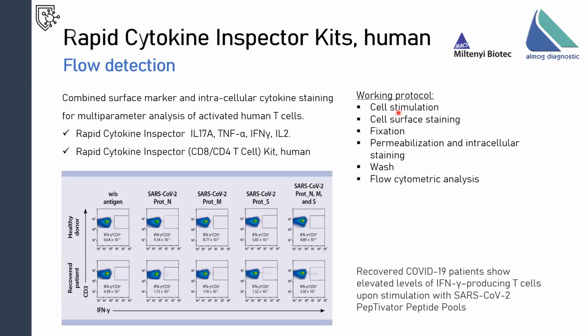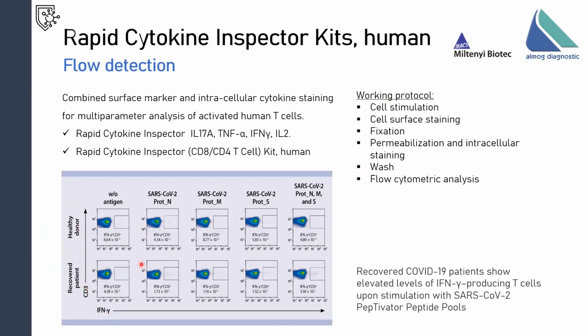You can see here on the right the working protocol, which consists of only 6 simple steps. And here you can see an example of an analysis that has been performed on CD3 cells versus interferon gamma that has been detected. The upper row is from a healthy donor. The lower row is the recovered patient.